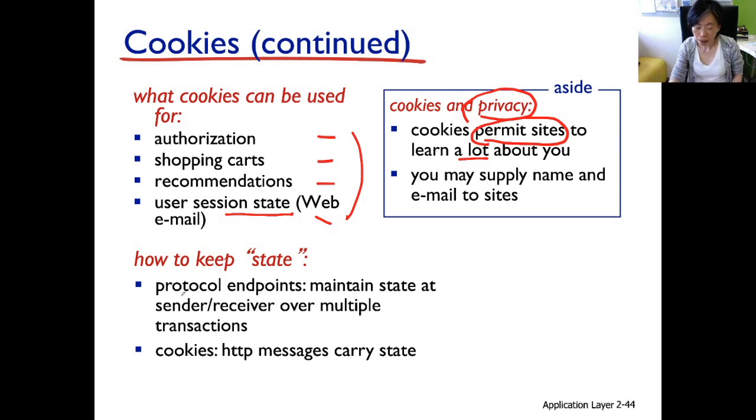Now, another perspective is more technical: keeping states. You see, there's an ID on the local cookie file, and there's an ID stored at the server side, in the backend database. So server and clients are now storing states about each other. But some of you might go, hey, wait a minute, didn't we talk about HTTP being a stateless protocol? What's nice about a stateless protocol is that none of the endpoints need to store anything about each other.